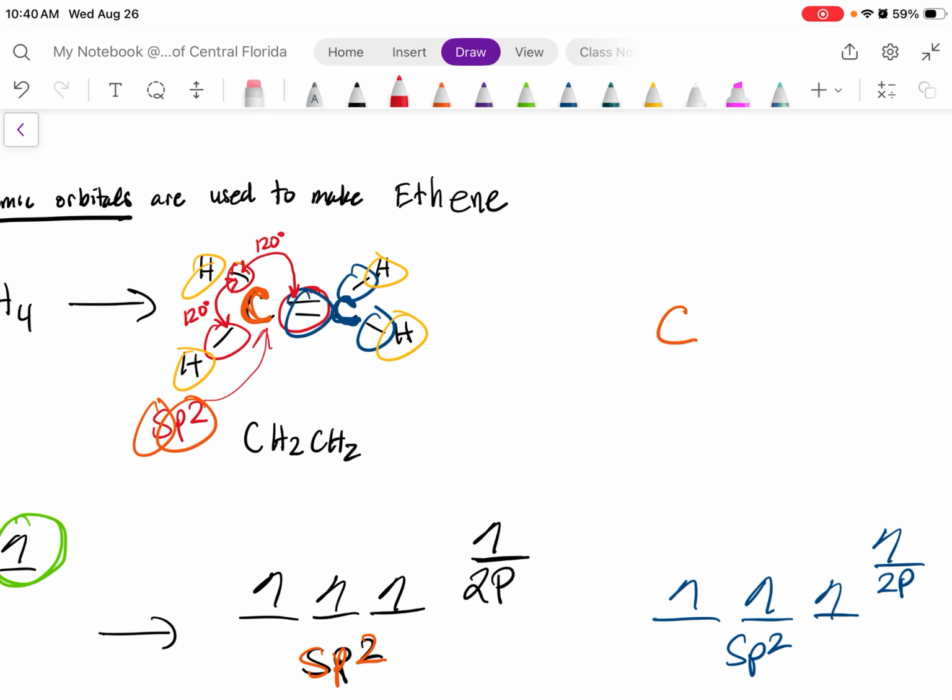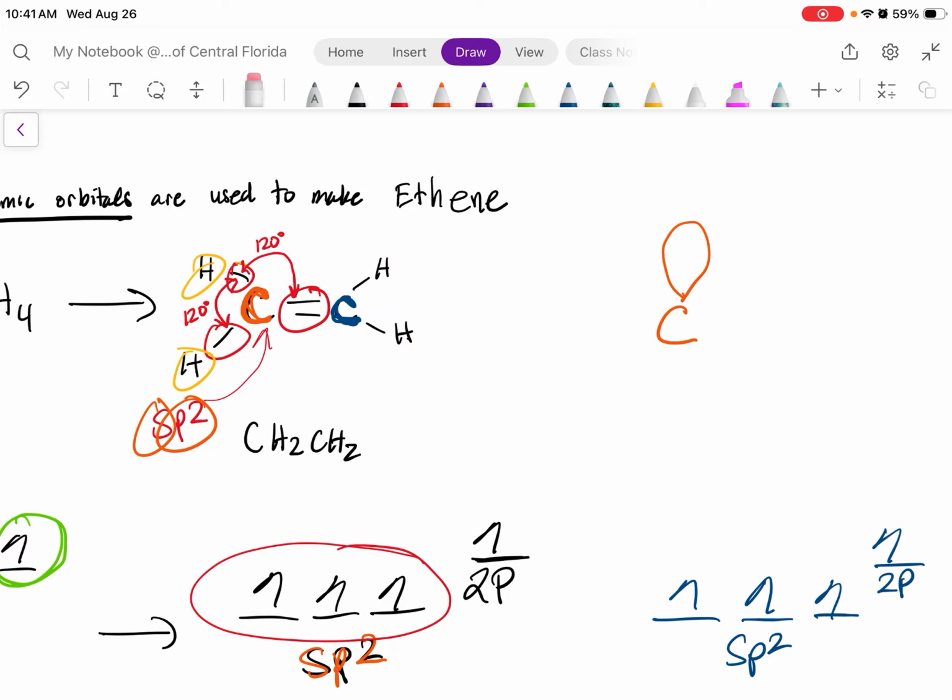And so that's what I want to draw, is these three sp2 hybridized orbitals. Do I draw it like this? No, look at the model on the left there. Let's clean it up here. Okay, take a close look at the orange carbon. We have a bond here, here, and here, and they're 120 degrees from one another.